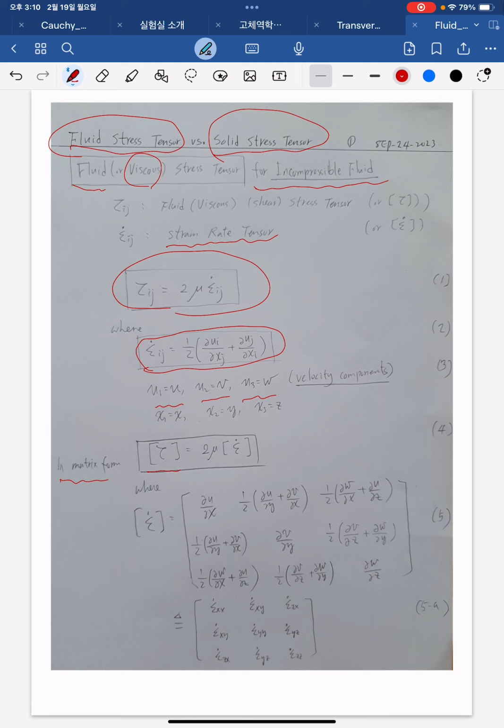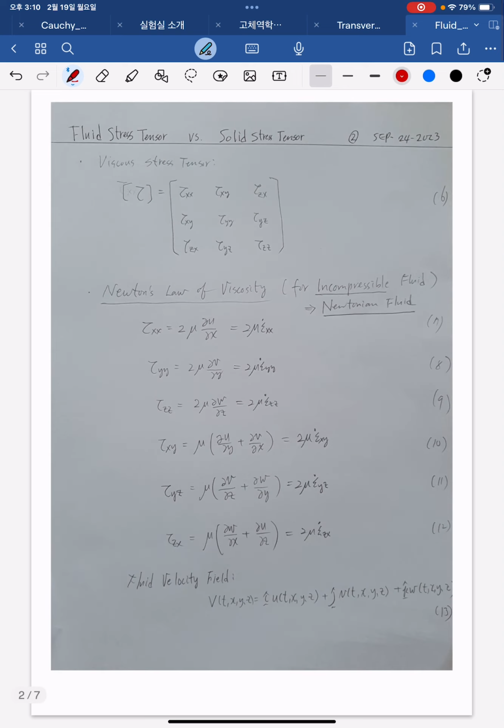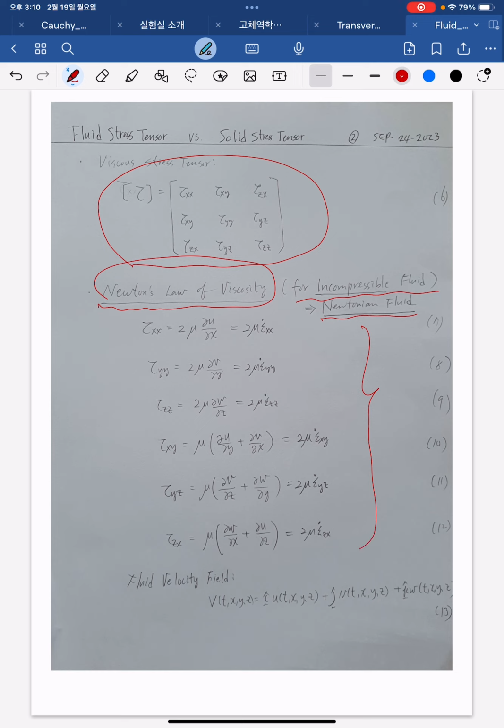You see the strain rate tensor looks like this. The viscous stress tensor is given by this equation. For an incompressible fluid, the so-called Newtonian fluid, Newton's law of viscosity is given like this.